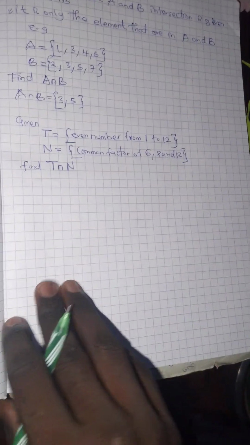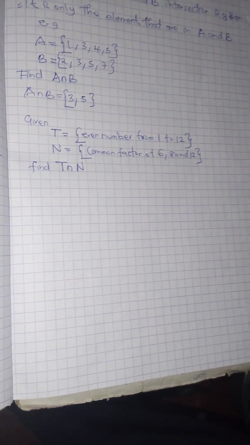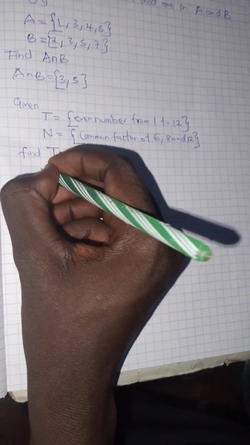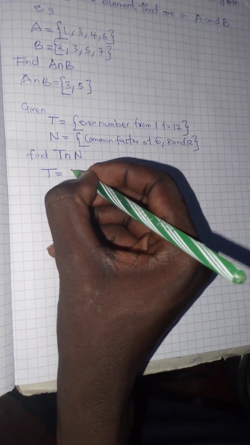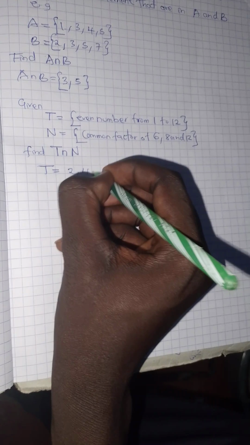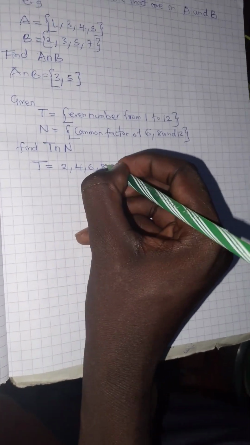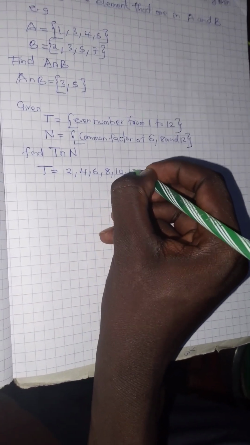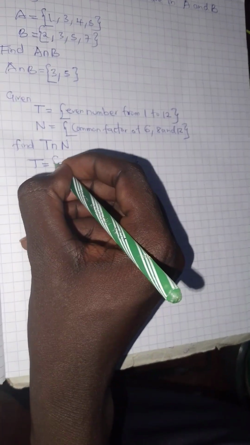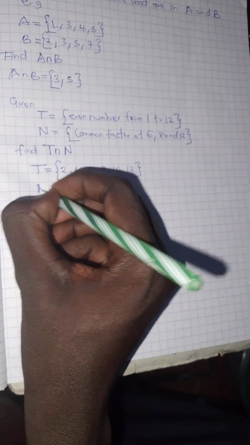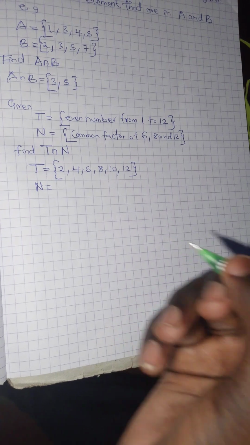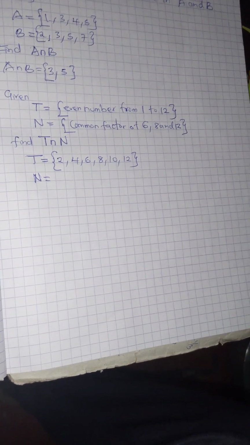We'll start by listing the elements of the sets T and N. Let's start with T, the even numbers from 1 to 12: 2, 4, 6, 8, 10, then 12, because it was from 1 to 12. Then the elements of the set N, common factors of 6, 8 and 12.